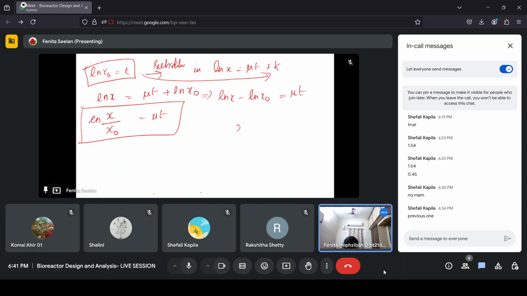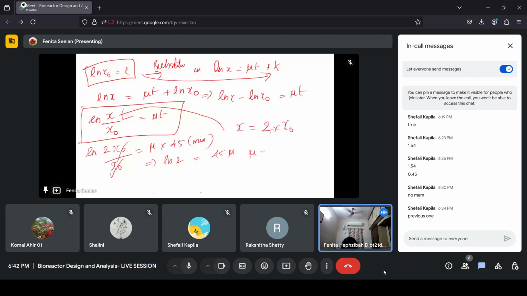So we can write x as 2 times x naught. So ln of 2 x naught divided by x naught equal to mu into t. Doubling time was given as 45 minutes. So x naught will get cancelled. ln of 2 is equal to 45 mu, and mu is equal to ln 2 divided by 45 minutes.